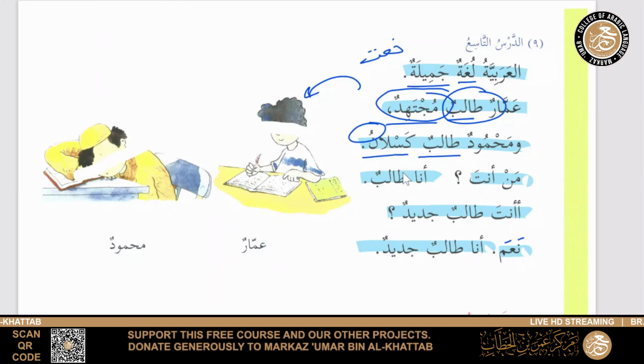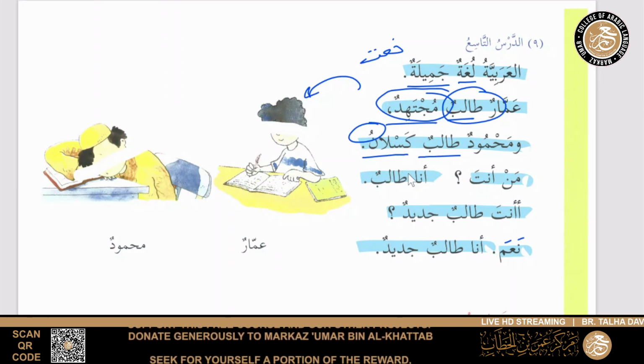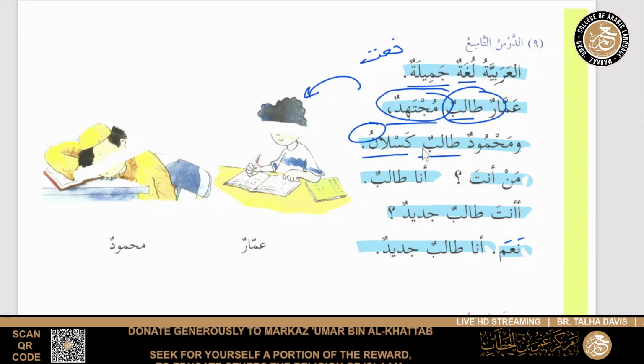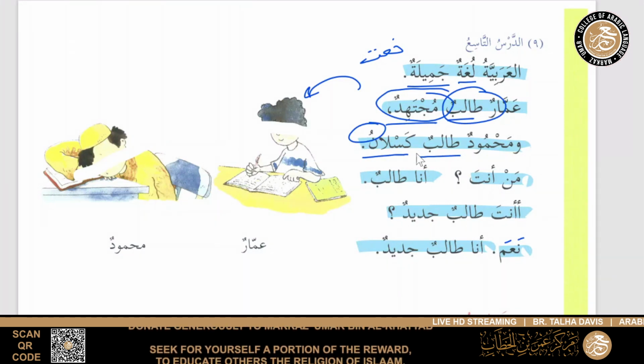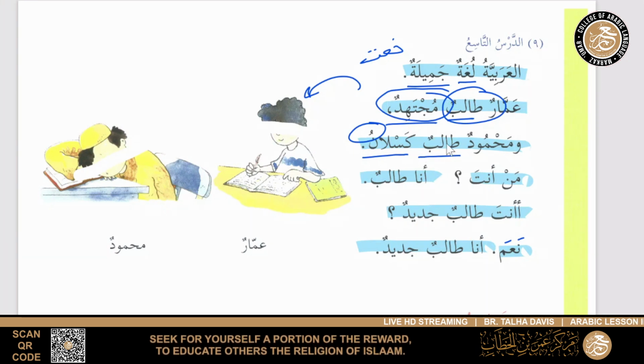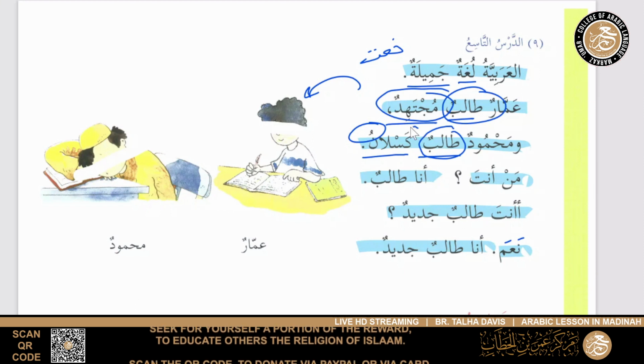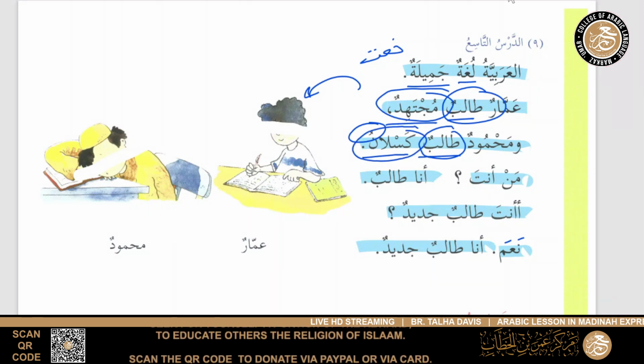So here we have a problem. We mentioned that they always have to look exactly the same. So here, talibun is man'ut, and kaslanu is na'at.